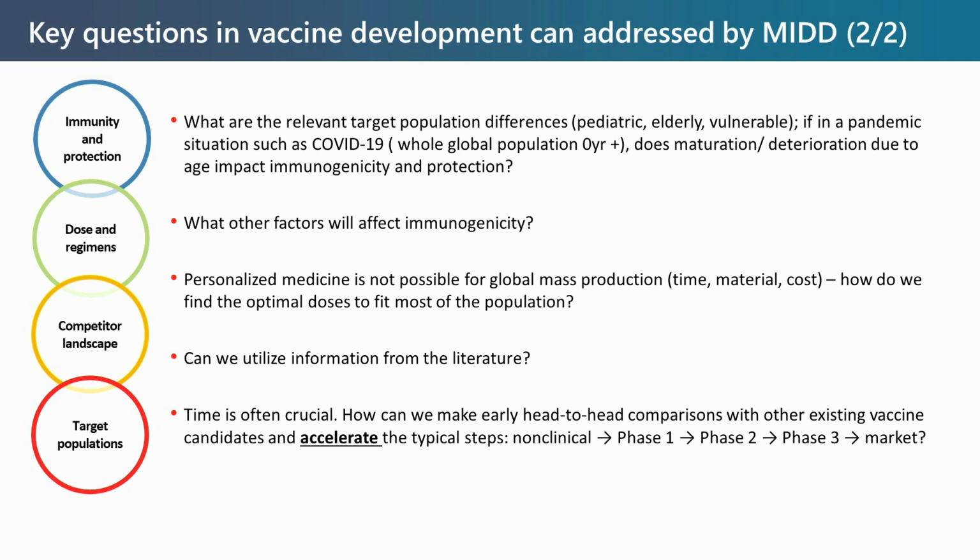What are the biomarkers, for example T-cell, immunomarker, C-reactive protein, interferon gamma, innate immune system, C5 peptides, that are related to response or efficacy or the outcome? And can we utilize information from emerging trials and from the literature?